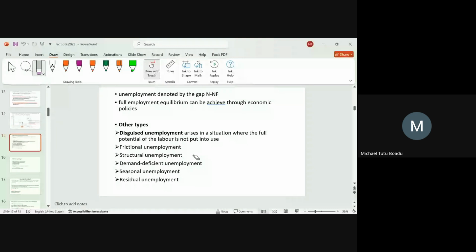Then lastly is the residual. Residual means that it will be very hard for an economy to achieve a full level of employment. So when the economy is near potential or near full employment level, there will definitely be some people who may not be employed. What we call the residual unemployment, we can classify that as the natural rate of unemployment, which is that 5%.